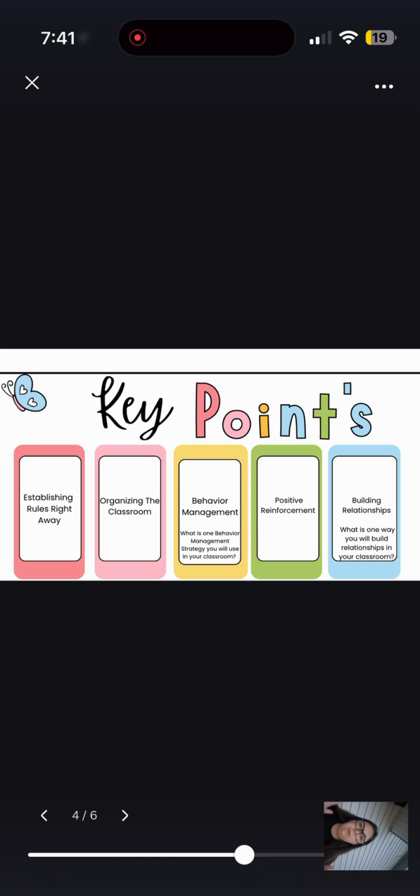So you need to be building a relationship with them from day one. Yes, have the rules, and yes, have the organization, but building relationships is the most important thing you need to do. Because without that relationship, they are not going to listen to your rules. They're going to do whatever they want to do. And if they know that you do not like them, they're going to cause you more problems than you can ever imagine. You have to make sure that you're building that relationship with that student.